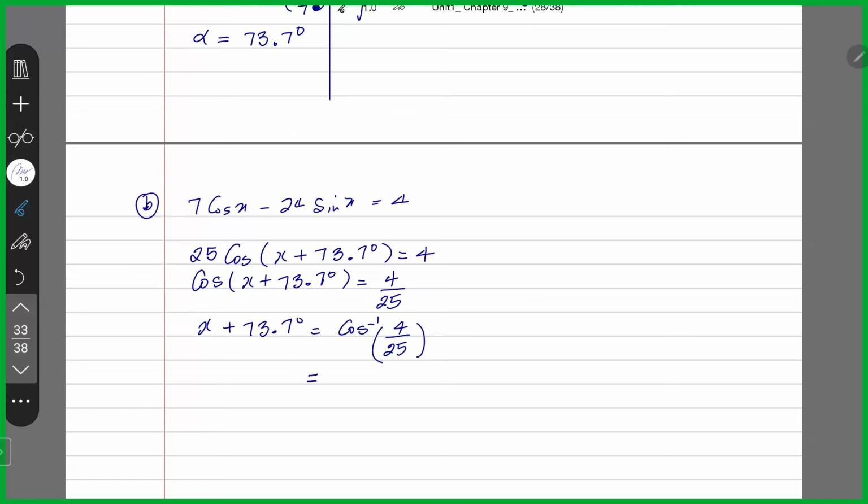So the answers here: in the first quadrant, it's 80.8 degrees, and in the fourth quadrant, it's 360 minus 80.8 degrees.